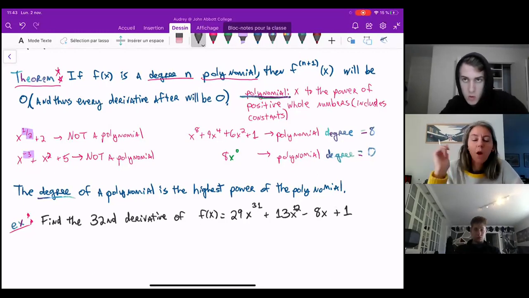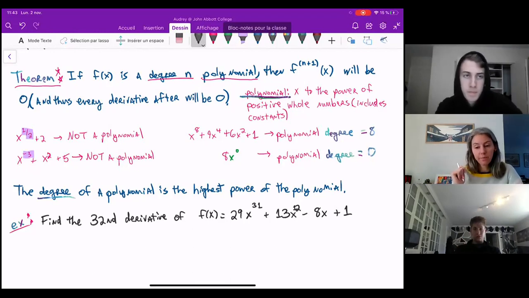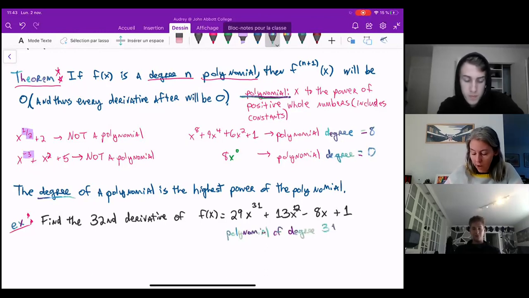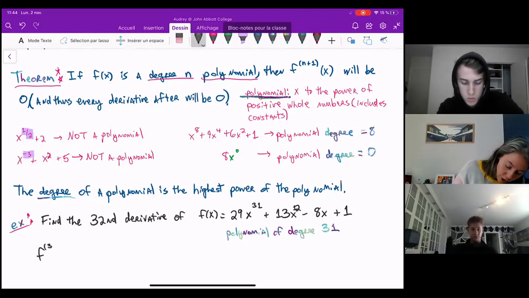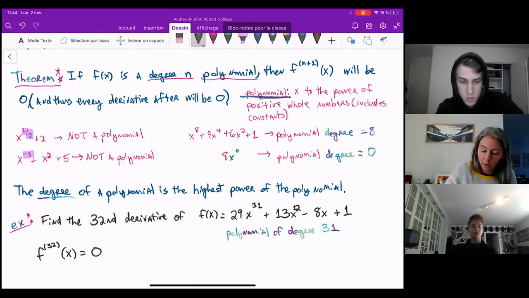You got it, Cam. What's the degree of this? Well, first of all, is this a polynomial? Yes. What's its degree? 31. You got it. So it's a polynomial of degree 31. So what that means is by the time we get to 31 plus 1, that's 32, the 32nd derivative, it should be 0. So the 32nd derivative is just 0 by the theorem.